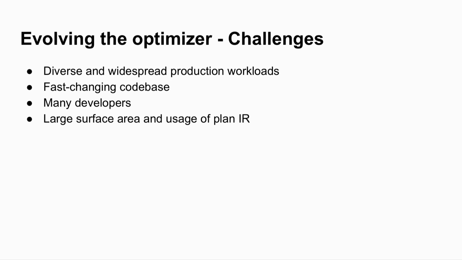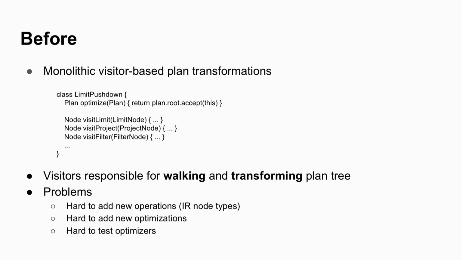It's the classes and components that have to do with how we represent plans, and how we represent all the operations that the engine can do. There's a pretty rich set of optimizers, so any change has broad implications across the entire code base. So it's a challenge, and we're going to talk about how we stage some of those changes.